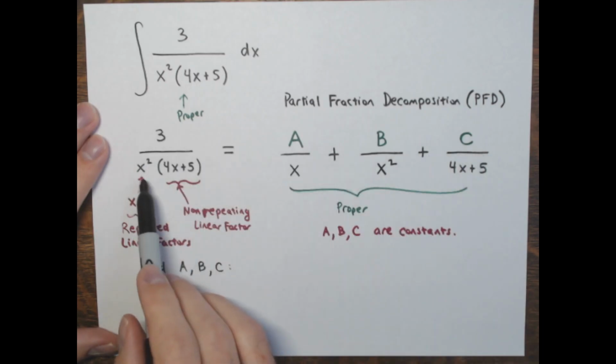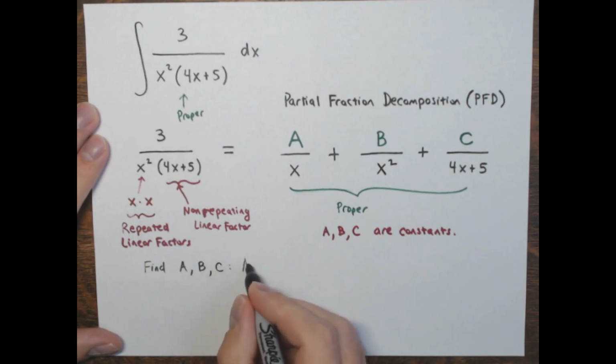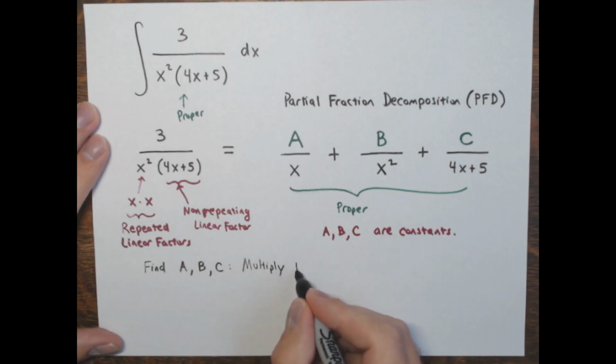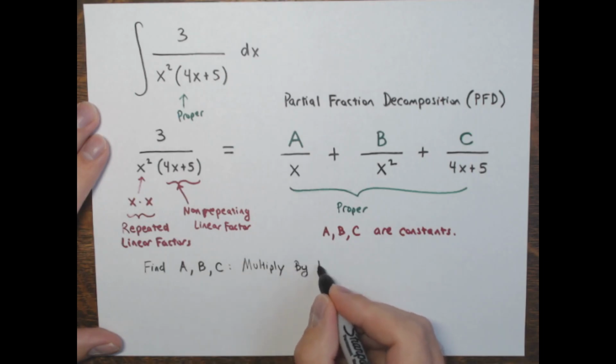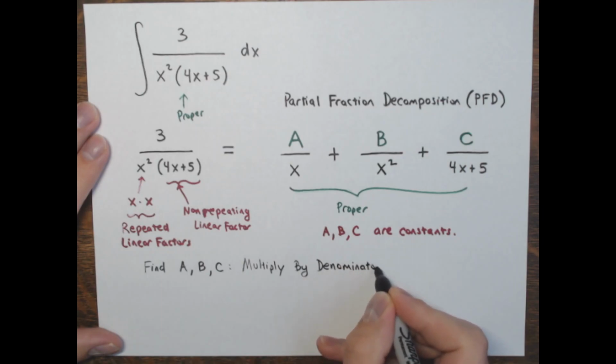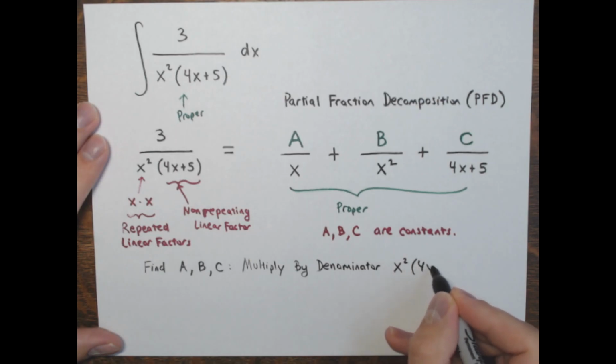I'm going to multiply through by the denominator just to get rid of all the denominators. So I multiply both sides by the denominator first. So that would be the x squared, times the 4x plus 5.